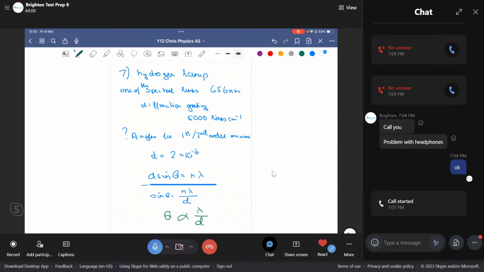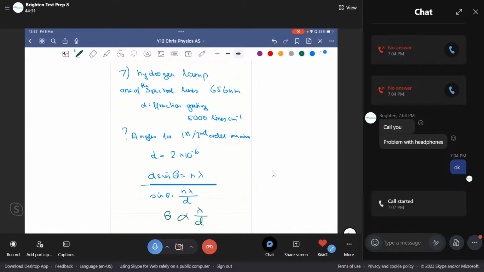But if it were between 0 and maybe up to 10 degrees, the sine of the angle is basically equal to the angle. We sometimes see that in simplification models when it comes to diffraction and waves.